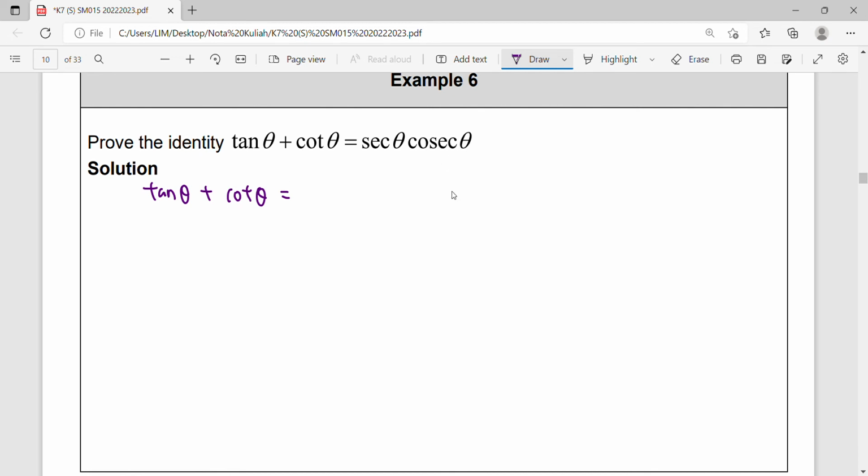So tangent we can simplify to get sine over cos. Cotangent, cos over sine.